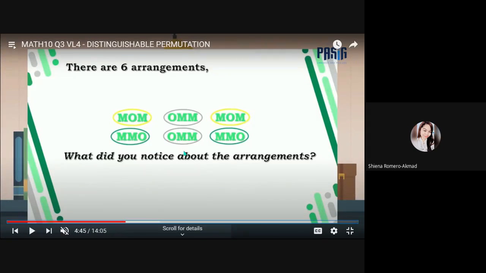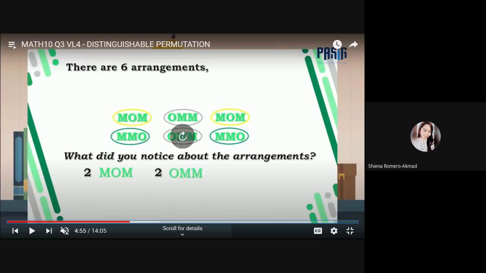So parang sa name lang yan. O kapag in-arrange mo yung name mo, tapos yung mga letters na pare-pareho, di ba you cannot distinguish kung alin yung naunang M, alin yung pangalawang letter? Kasi pareho sila. Okay. So what did you notice about the arrangement?